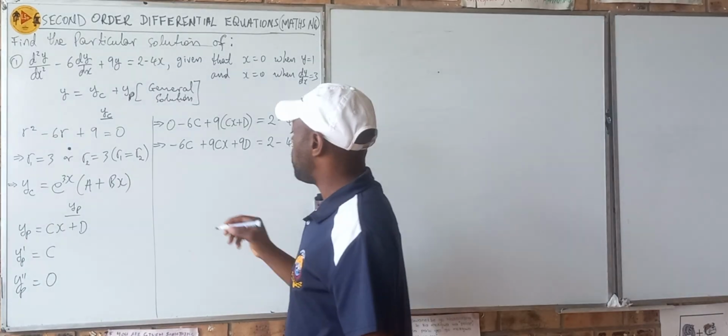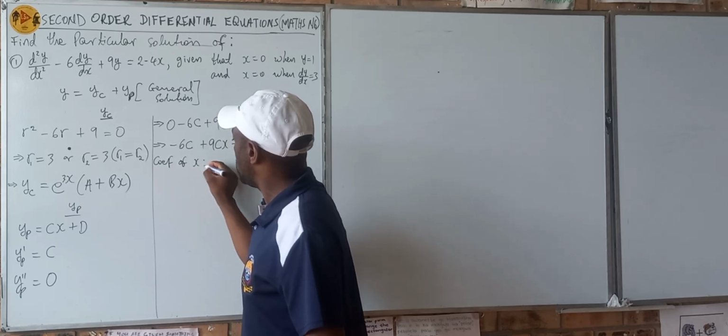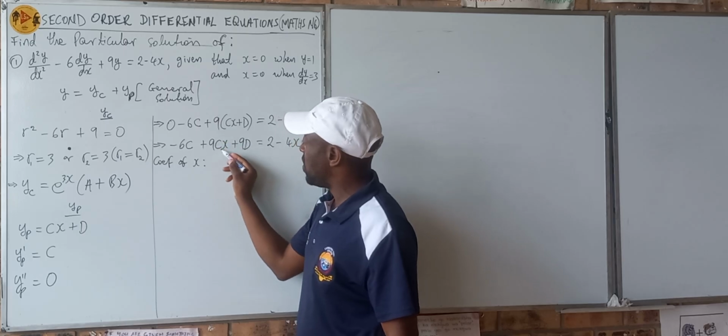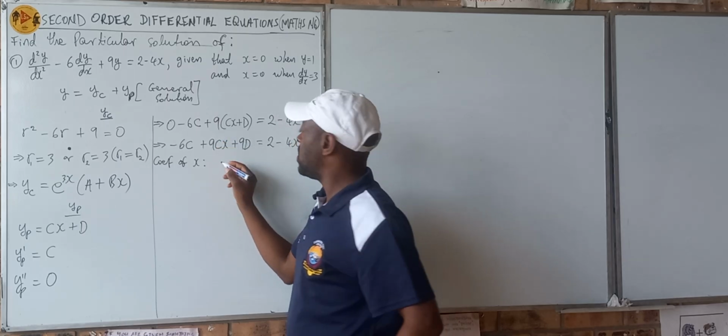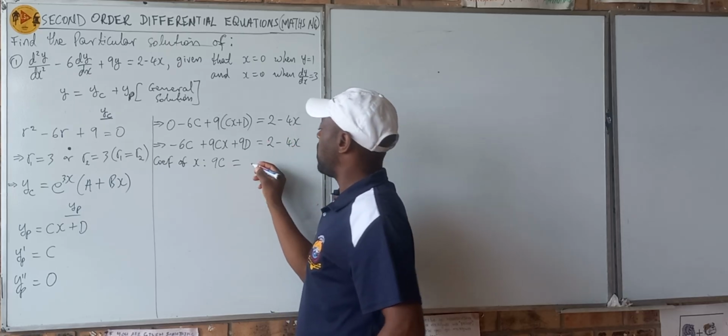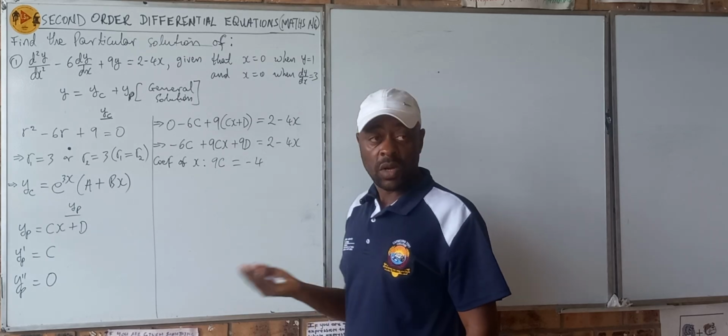So I can now compare my coefficients. If I start with the coefficient of x on the left side of the equation, it is the number in front of x. I see a 9c. On the right, the coefficient of x is negative 4. If I solve this, I'll get my value of c.